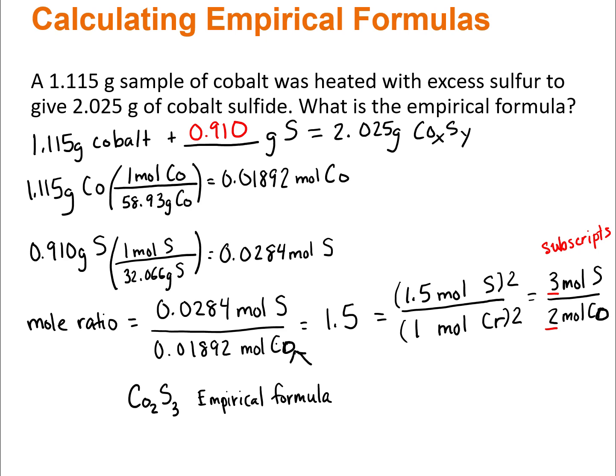When you put that into your calculator, it's going to tell you 1.5, which doesn't help you. You need to rewrite that in terms of the moles of sulfur and the moles of cobalt. So 1.5 is like saying 1.5 moles of sulfur for every 1 mole of cobalt.